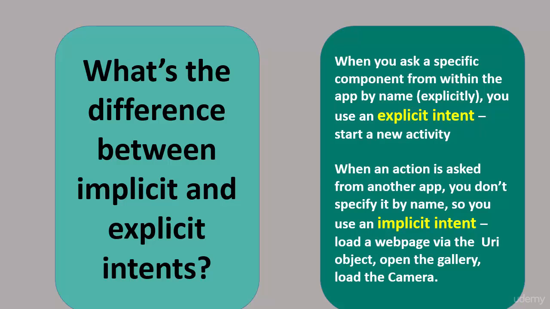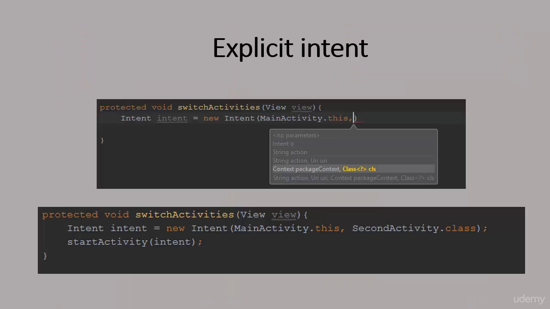On the other hand, when an action is asked from another application, you don't specify it by name. So you use an implicit intent. Example: to load a web page via the URI of the object, to open the gallery, to load the camera.